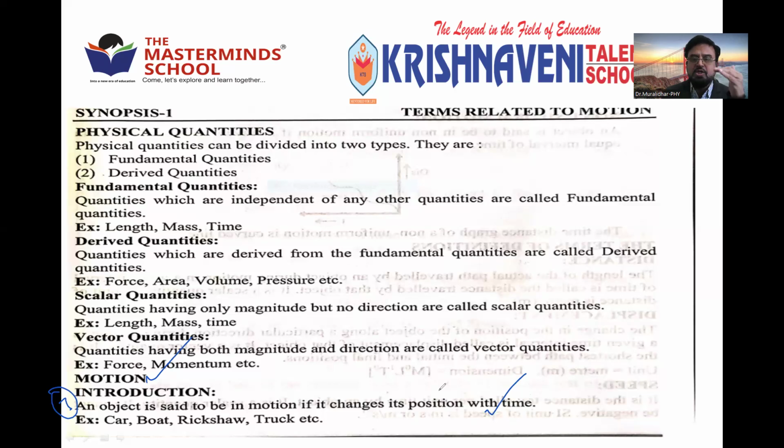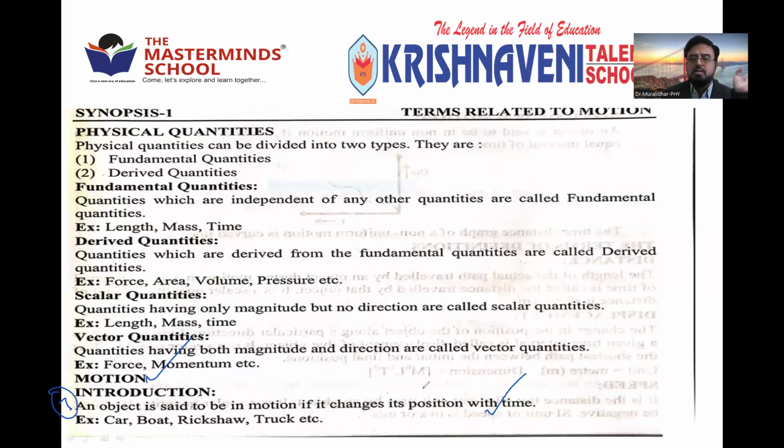Along with the time, it keeps on changing. You are sitting at one place in the school classroom, okay. Otherwise, every period you change the position, you are said to be in motion. Car, boat, rickshaw, truck, etc. So many motions you can see in our day-to-day life.